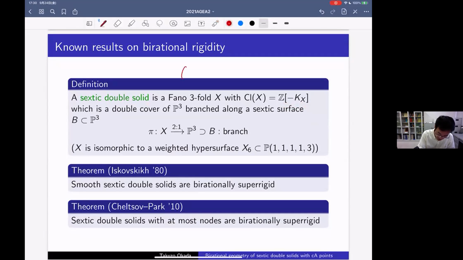So in my talk, Fano threefold is always Q-factorial and has only terminal singularity.